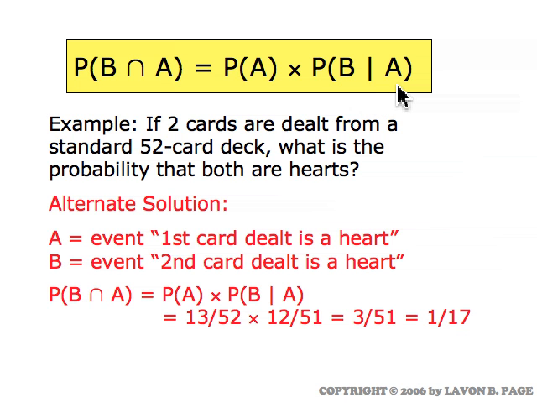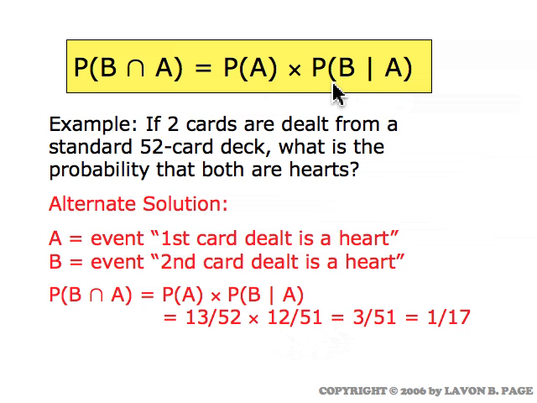After you've dealt the first card, which is a heart, you've got left 51 cards, of which 12 of them are hearts, right? Because you've already dealt one heart. So if you know the first card is a heart, then when you deal the second card, you're working with a deck of 51 cards, of which 12 of them are hearts. So that's going to be 12 chances in 51 that the second card is a heart, based on your knowledge that the first card was a heart.